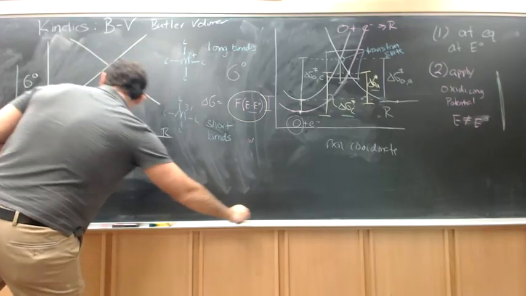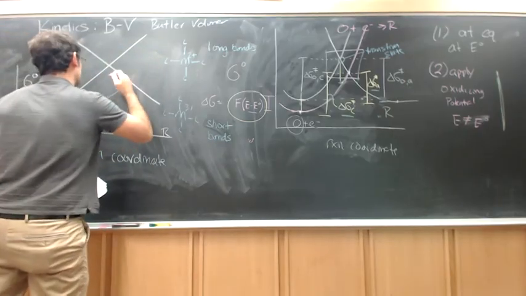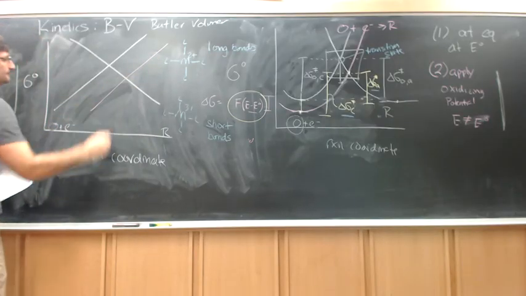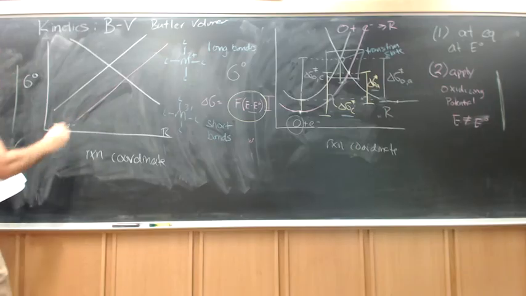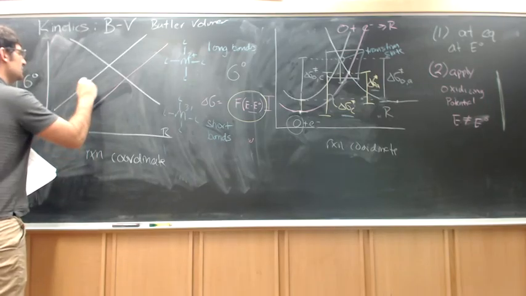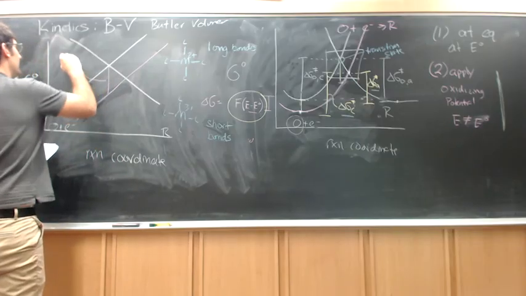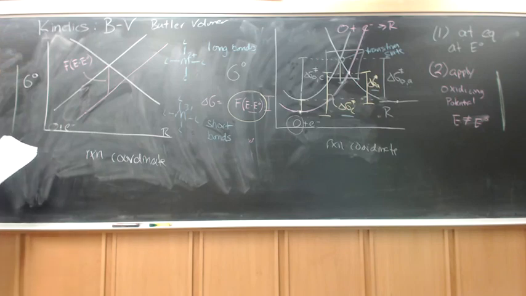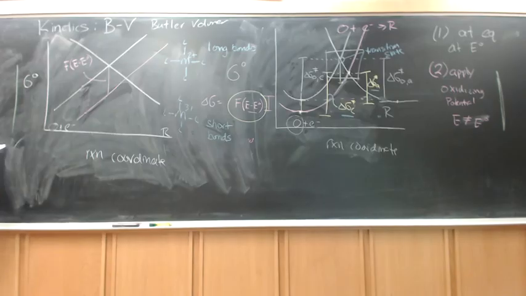And then in pink, we had this other line here, which had the same slope but was shifted. And how much was it shifted by? Okay, this is F times (E minus E naught). So that's how much this curve has gone down, right?